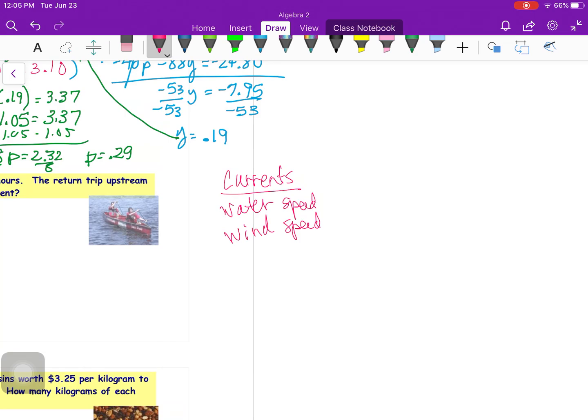So I'm always going to call my current speed W, since it is either water or wind. And then I'm going to always have the rate of a vehicle.